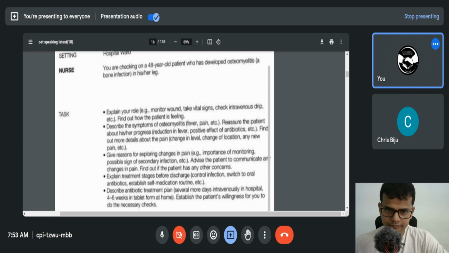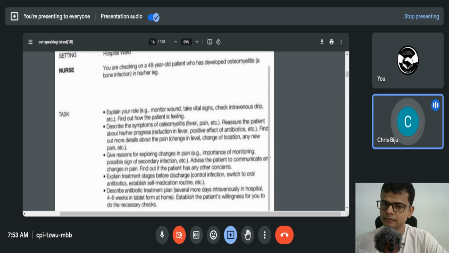No. Yeah, definitely, I can explain to you. Usually, people with this kind of infection will experience some sort of fever and pain. But in your case, your condition is progressing because your temperature is normal, and it shows the positive effect of antibiotics. Do you understand? Okay.